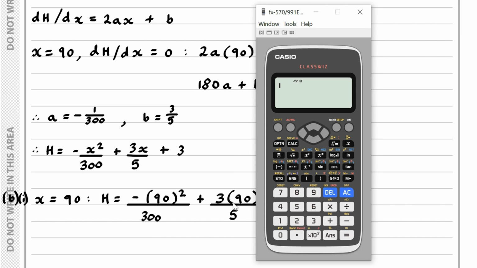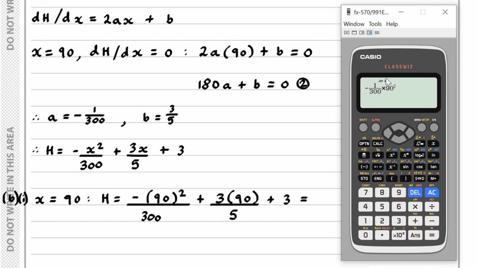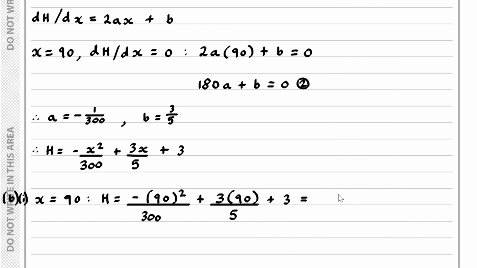So if we work out what h is, we've got minus 1 over 300 times 90 squared plus 3 over 5 times 90 plus 3, we get 30 meters.